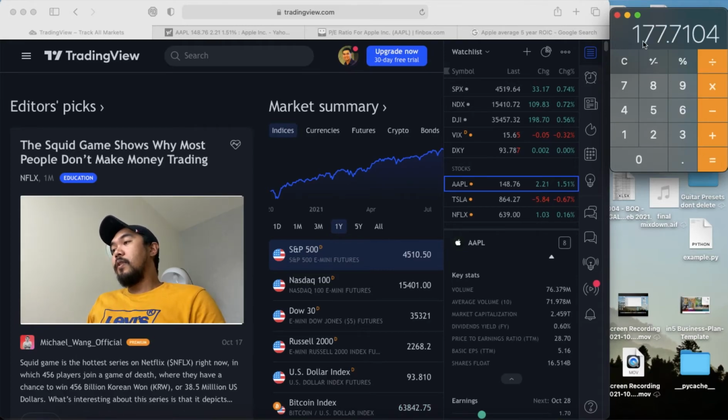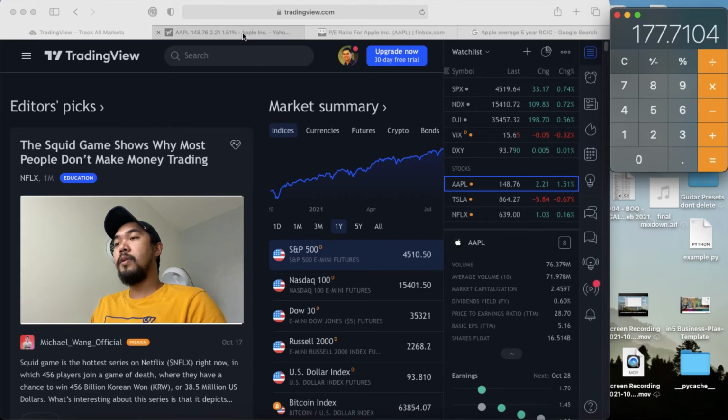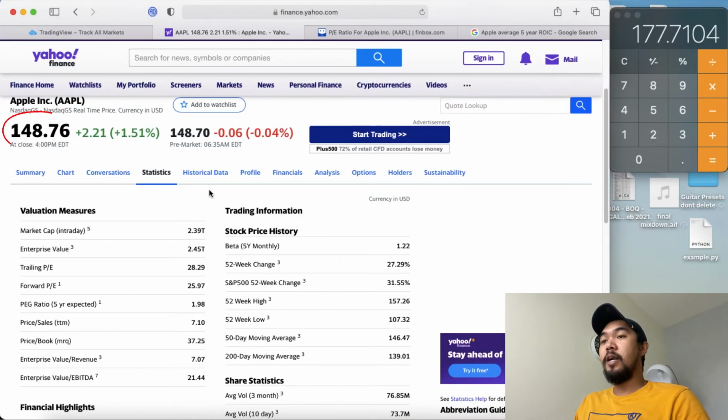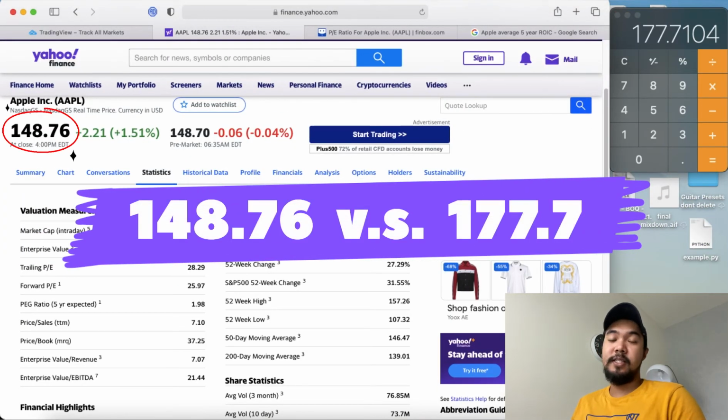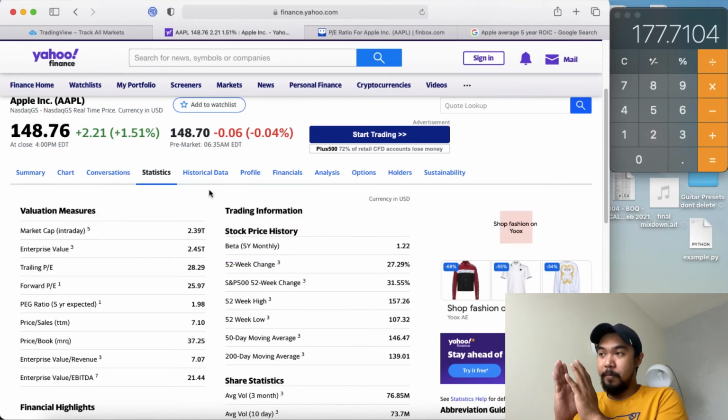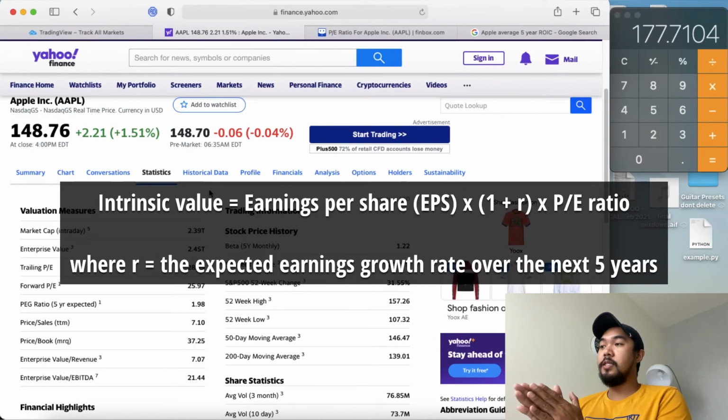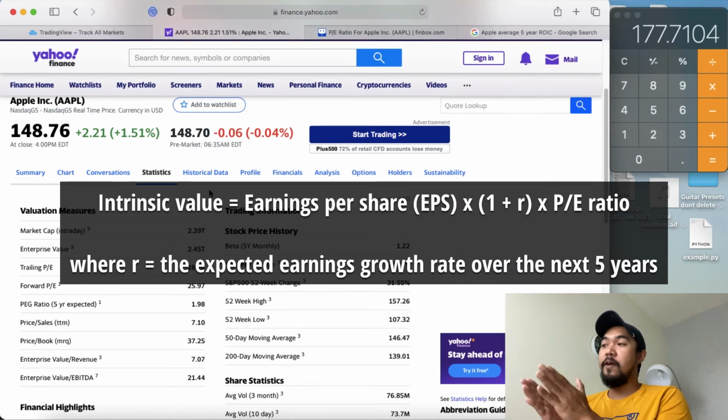So we have the price there is $177. That's the price. What's the price of Apple at the moment? It's 148.76. So in the case of using this financial metric, we have some room for Apple to grow on that particular price.